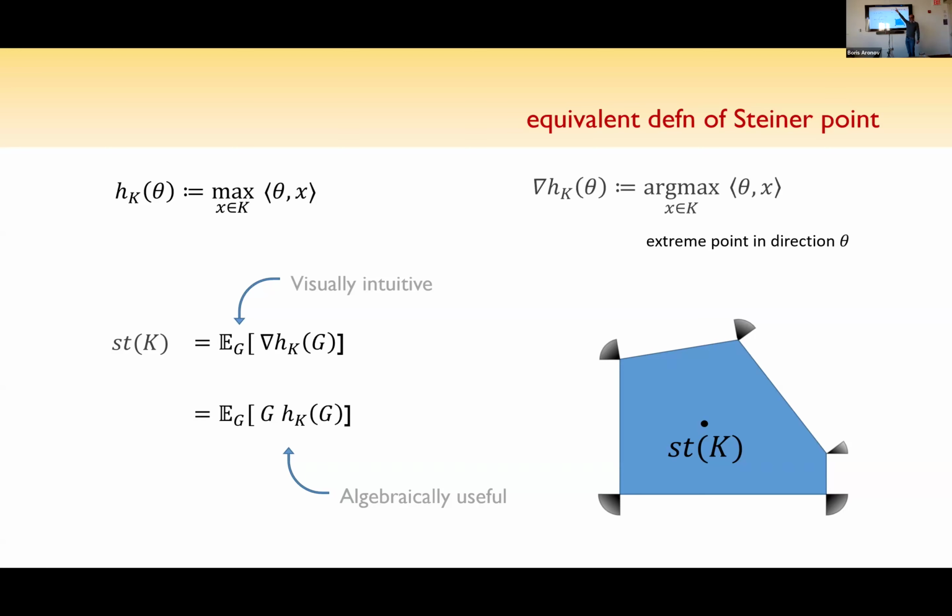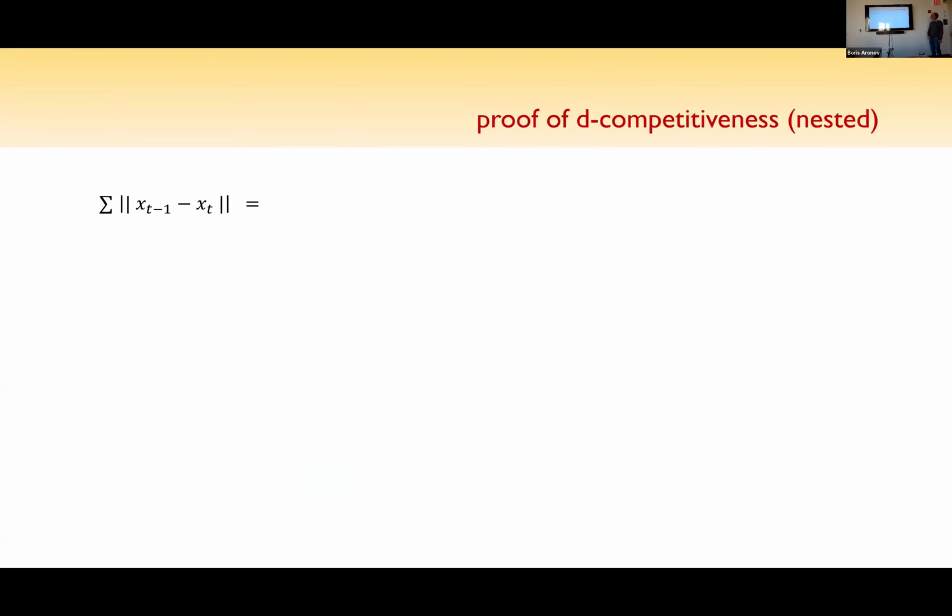Take a random Gaussian, look at the maximum value of the linear form inside the body K. This is a scalar times this vector, averaged overall.